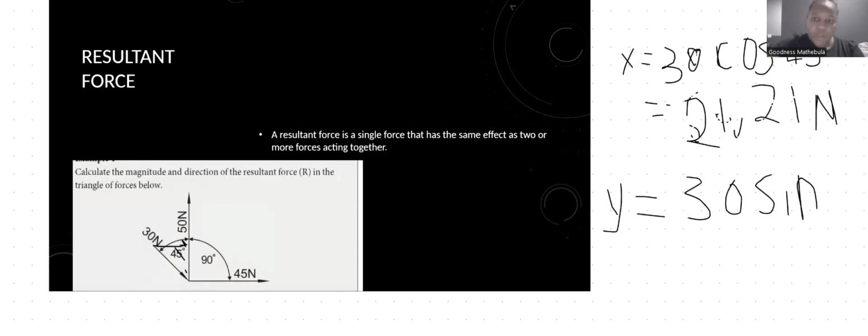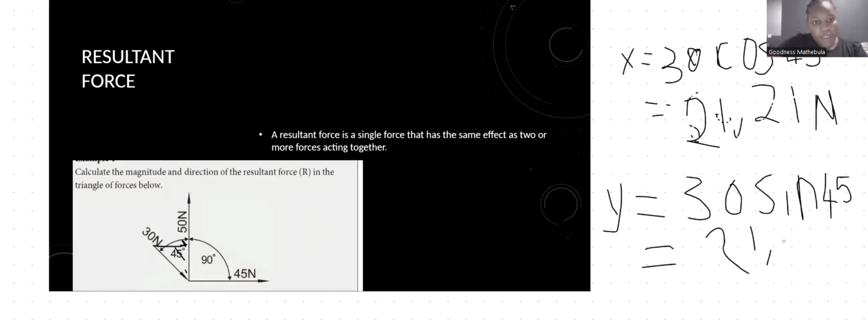After finding the components of X and Y, we have to calculate the sum of forces. The sum of horizontal forces means we are calculating the sum of forces acting on the x-axis.